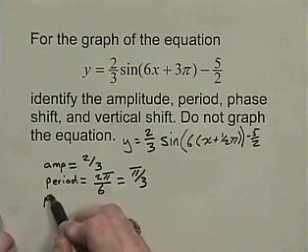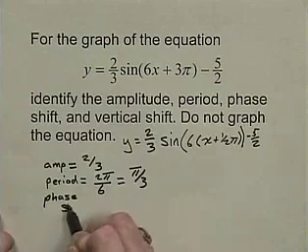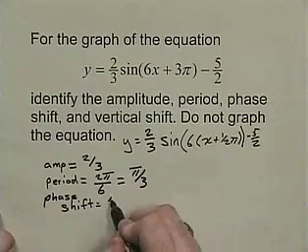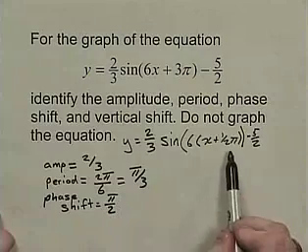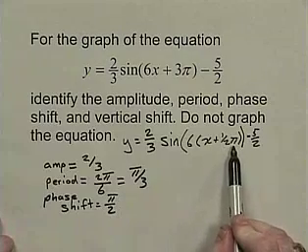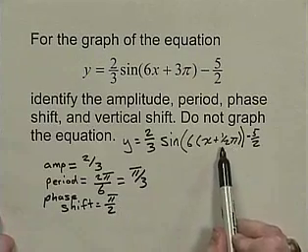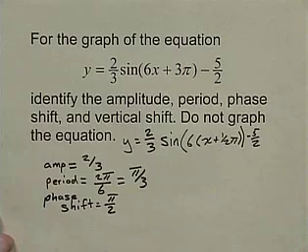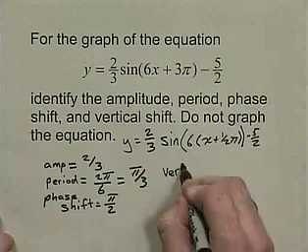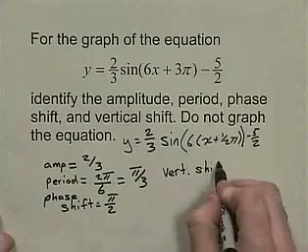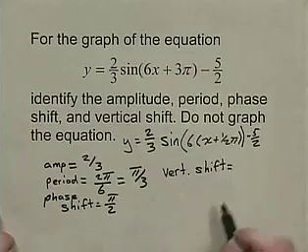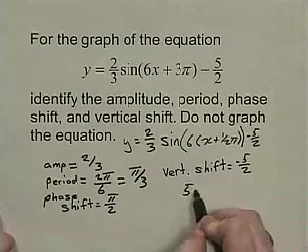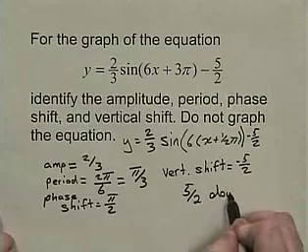The phase shift, that's equal to pi over 2. Remember, we're shifting it here 1/2 pi or pi over 2, and we're moving this to the left because it's plus. And then lastly, the vertical shift. That's equal to -5/2, or 5/2 downward.